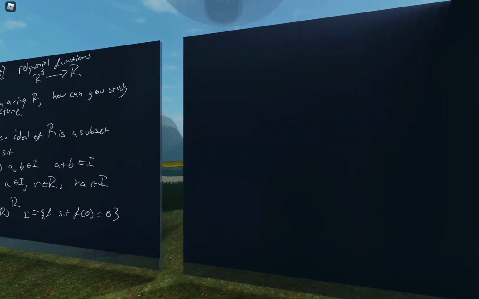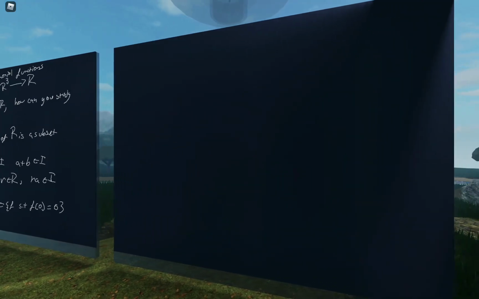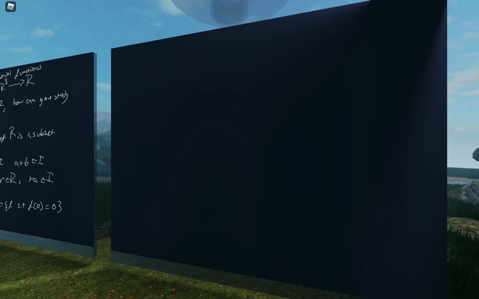So I'll just go over to the next board and give an important type of example, which is: if you have a finite set of elements, like A1 to AN in the ring, you can define what's called the ideal generated by these elements, A1 to AN, written by putting those symbols in these pointy brackets.